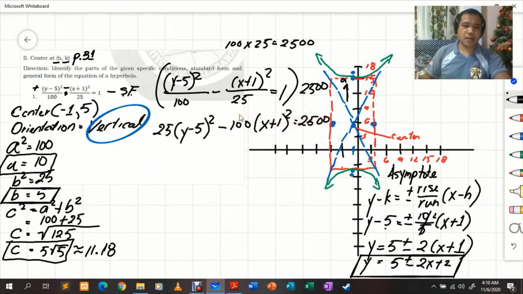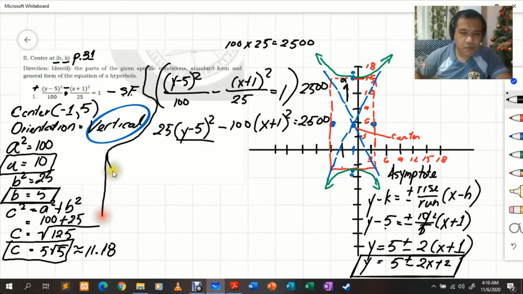Yan. Expand natin to. So, 25 (y minus 5) squared, doblehin natin to. Unahin natin si y. Y squared, doblehin natin, that is negative 10y.